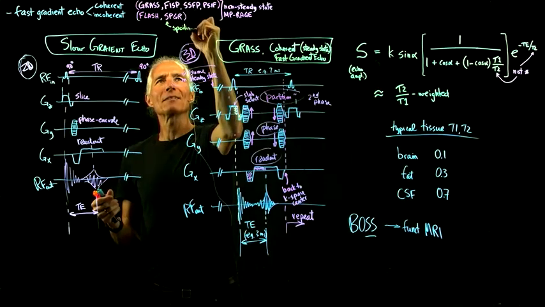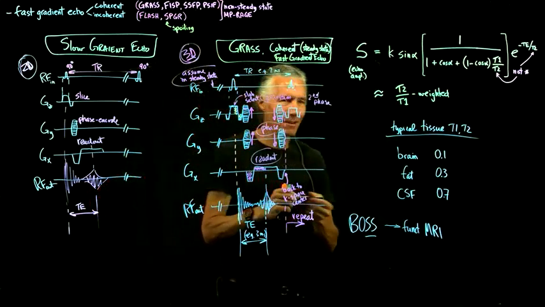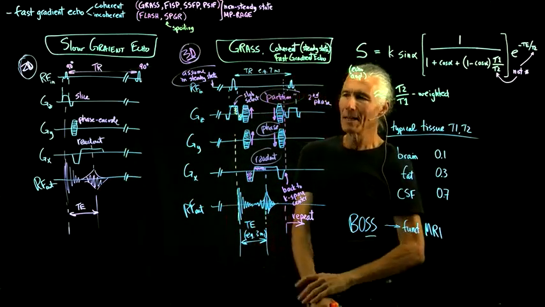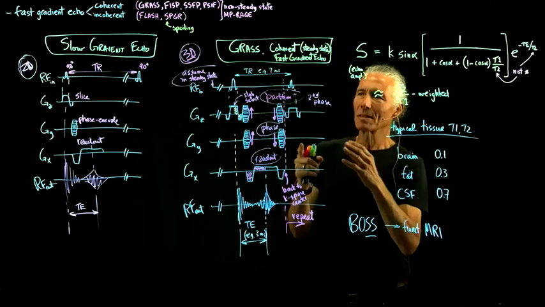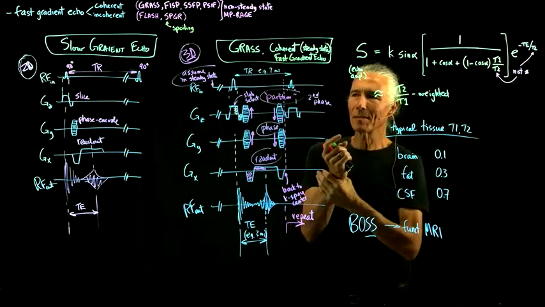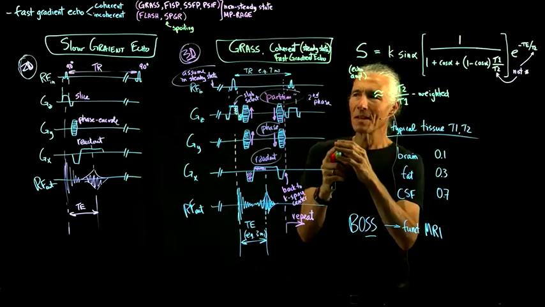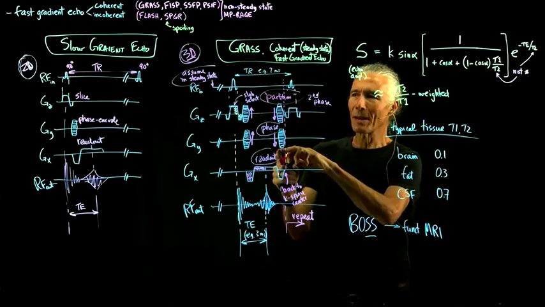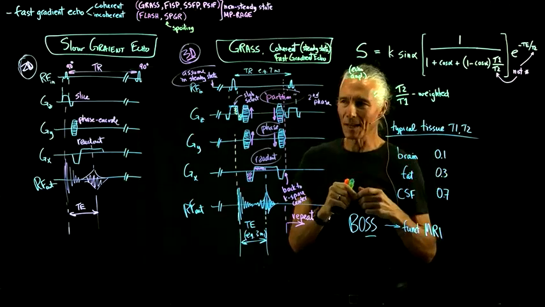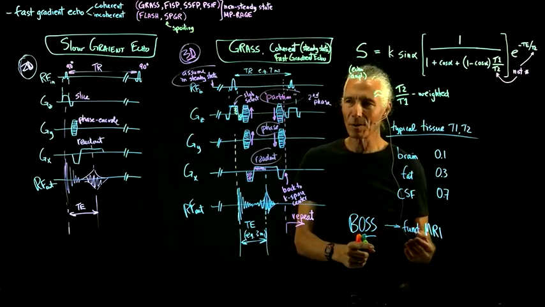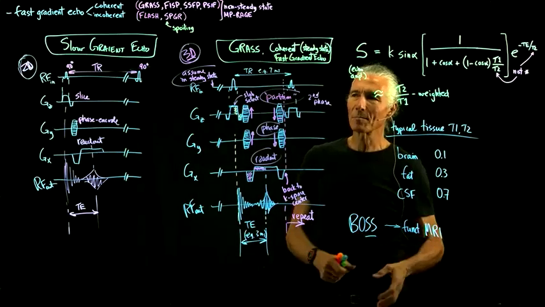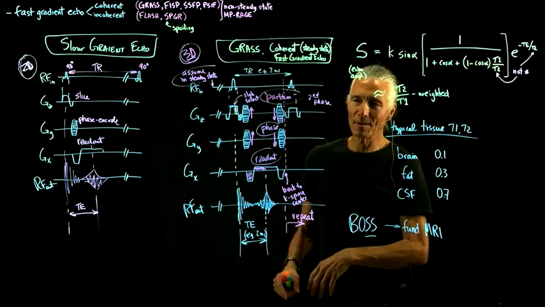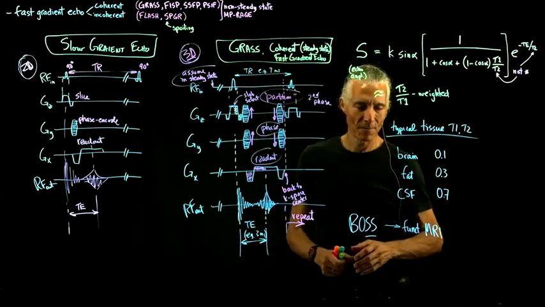That means we just try to hit it with a gradient, get rid of it, and start from scratch again. In this case, you're collecting hundreds of echoes and patching them up every time. And so if something is not right in your patching, you can cause problems down the line. And that's the kind of problem they have doing this with functional MRI, as opposed to just doing a pulse, getting some data, crushing whatever's left and starting from scratch.